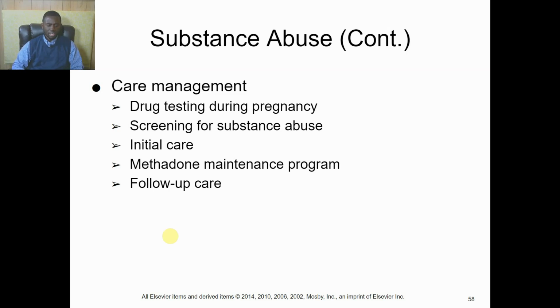With the initial care, you are going to try to use counseling depending on the severity of the problem. And if the problem is very severe, then they can go into a recovery program and use methadone to maintain their adherence to staying clean. And also they will have follow-up visits every now and then to make sure that they are not still using.